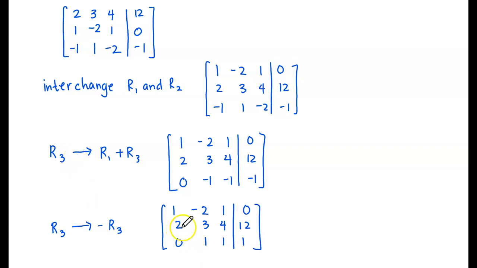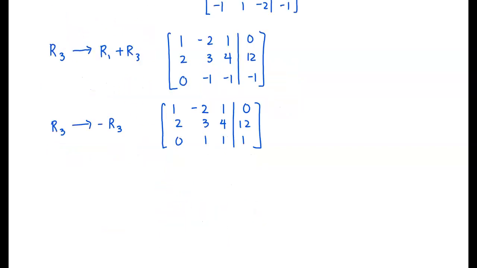Then next, we want to obtain a 0 here. So we want this to be equal to 0. Now to do that, we can add the negative 2 times the first row to the second row.